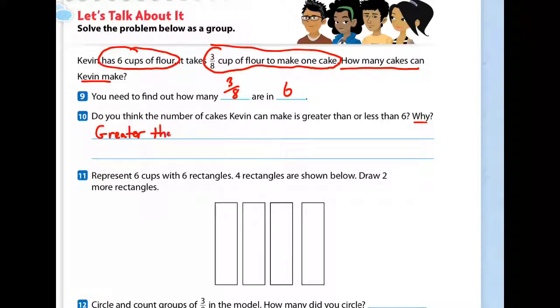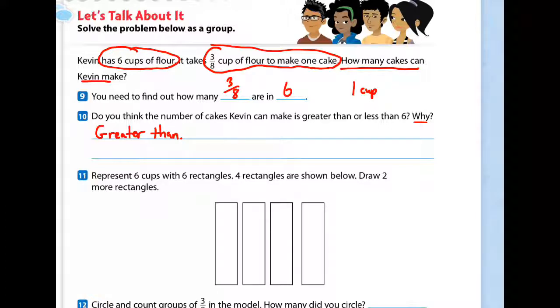Now, I'll explain why. So if you had less than, don't start erasing it and changing it and not listen to what I'm going to say. So listen to what I'm going to say, and then you can pause and correct your answer then. So the reason it's greater than is because if each cake took 1 cup, that means you would need exactly 6 of those cups.